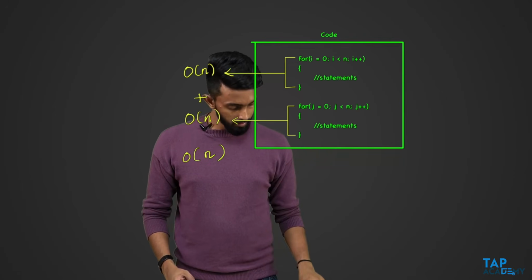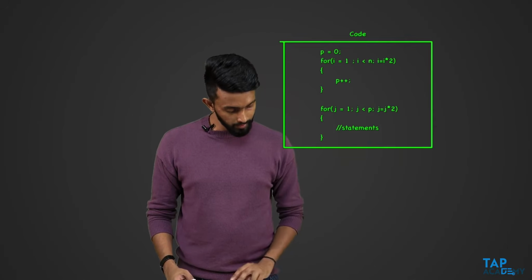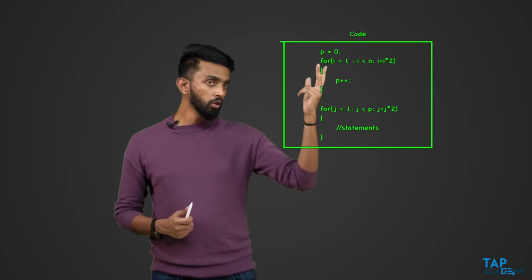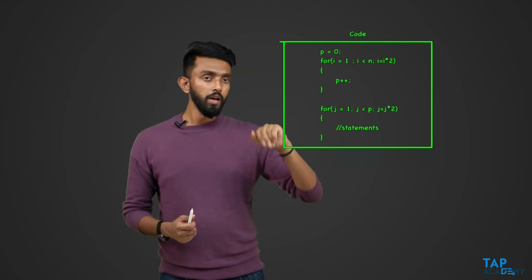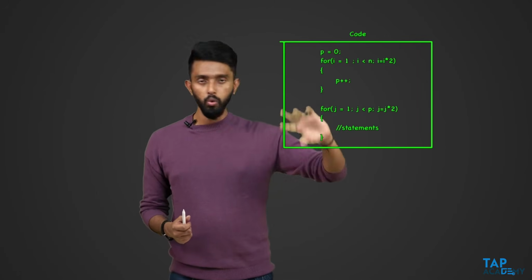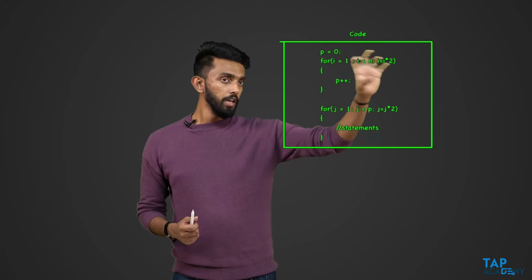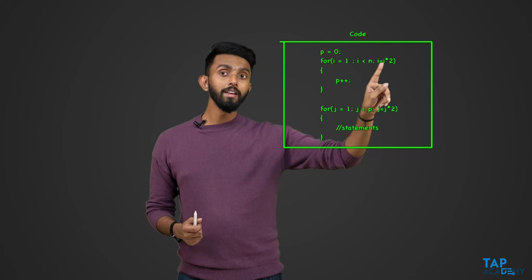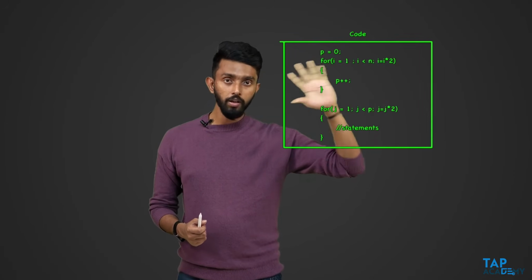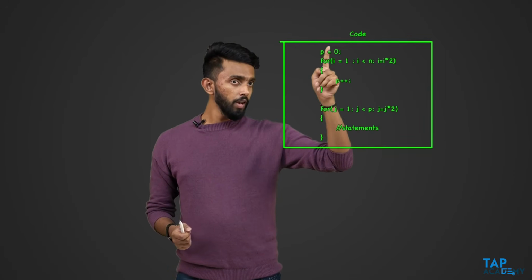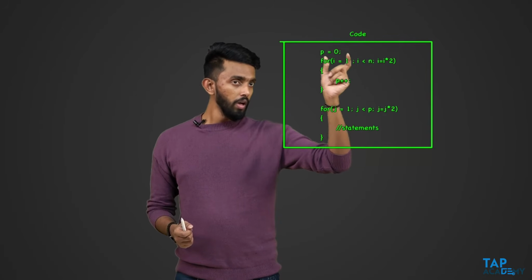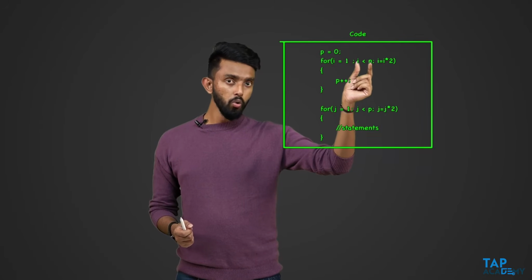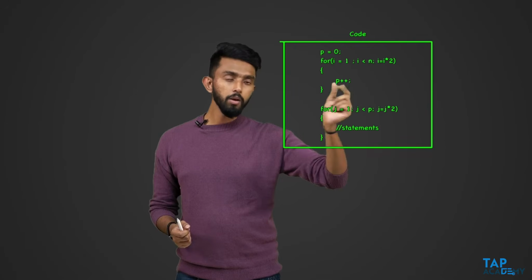Next one looks something like this. Here also there are two loops. They are different loops. It's not like one is inside the other. If you look at this loop, i begins from 1, i goes less than n, i increments by 2 times every time. And there is a p value which I have initialized to 0, and every time the condition of the loop is true, this p value is incrementing.